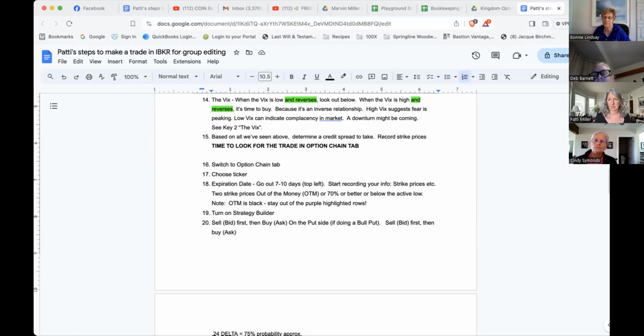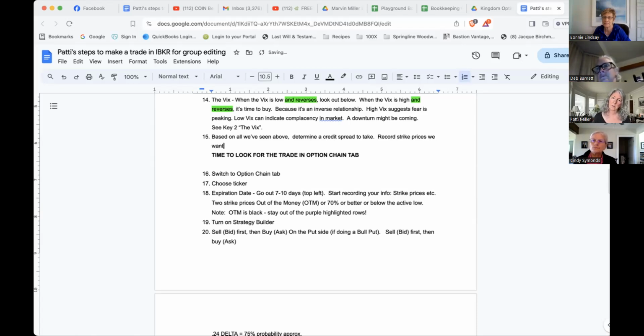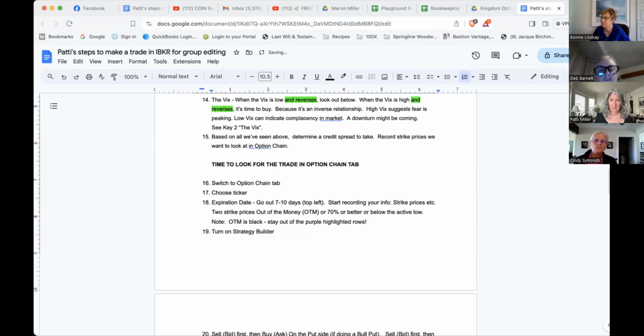That's going to be at least a couple of strike prices away from our low. If we're doing a bull put, we want to be 2 strike prices out of the money, at least. This is actually really great because it's showing me there is a gap in my understanding of how you get from that first homework part to actually going over to the options chain.